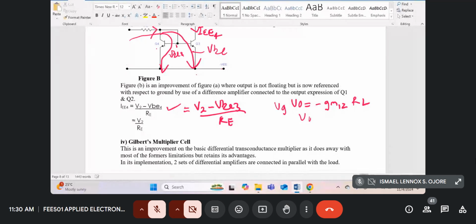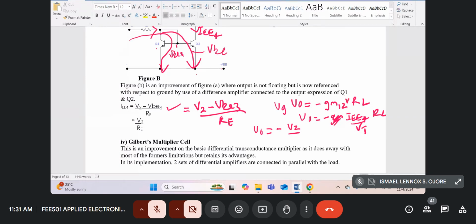And V0 is minus GM. Sorry, instead of GM, we can write it as IEE4 over VT into RL, or we can write that V naught is minus IEE4, which can be written as approximately V2.